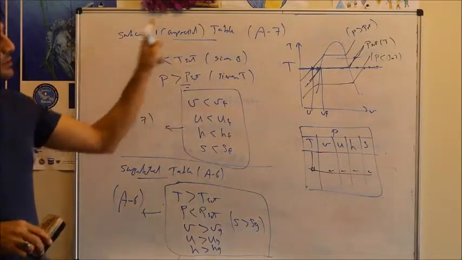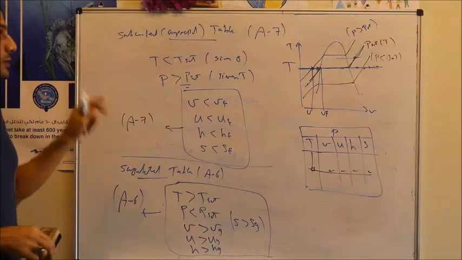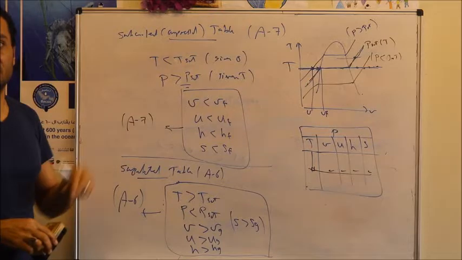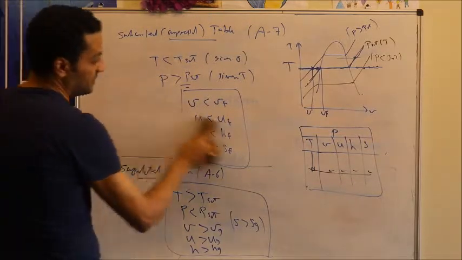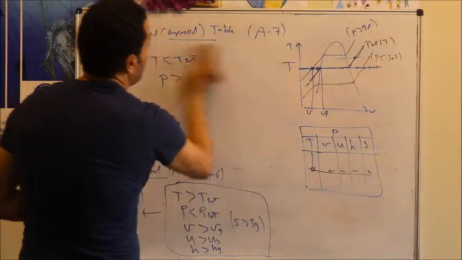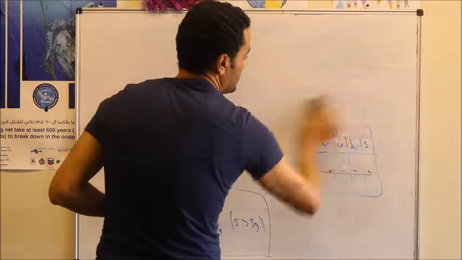Exactly the same procedure is applied for the refrigerant tables, but we have different table numbers. Instead of tables A4 and A5, we have A11 and A12, and instead of table A6 we have table A13. Right, let's look at the steps of how to use a steam table.